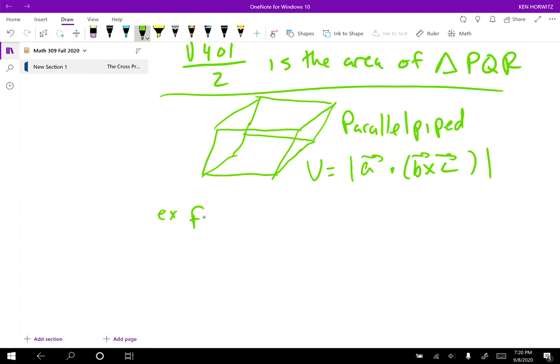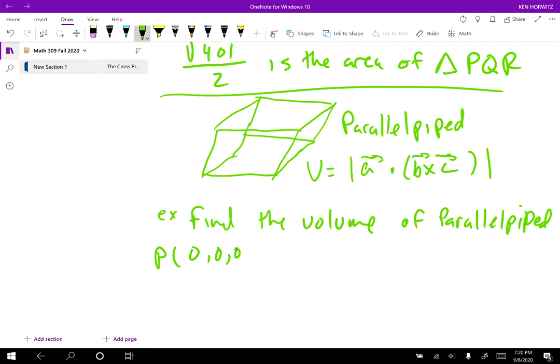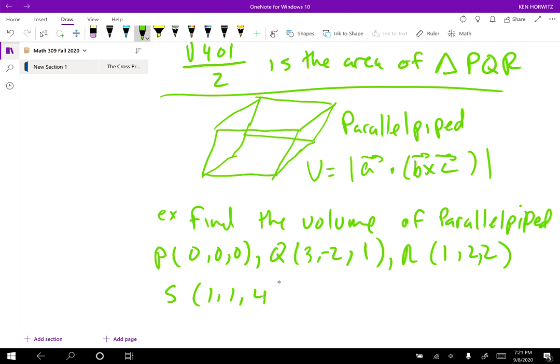We will find the volume of the parallelepiped with P at 0, 0, 0, Q at 3, negative 2, 1, R at 1, 2, 2, and S at 1, 1, 4.